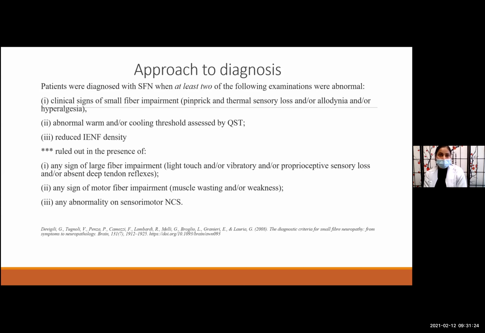We would rule out anyone who has neurological impairment or any abnormality on sensory motor nerve conduction studies, because this would show an involvement or a concomitant large fiber neuropathy.